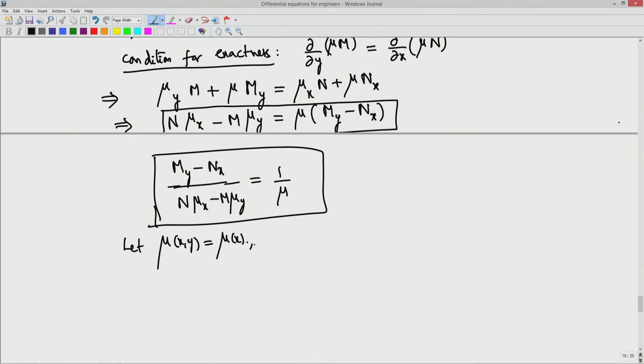Then this becomes (dou M by dou y minus dou N by dou x) divided by N mu_x equal to 1 by mu, because mu_y is 0.